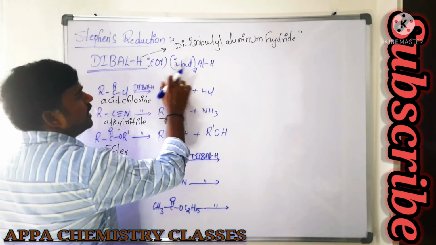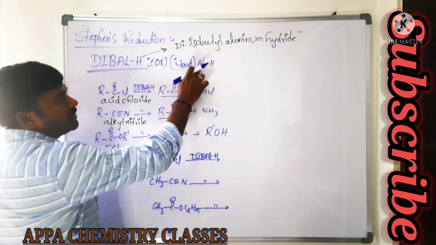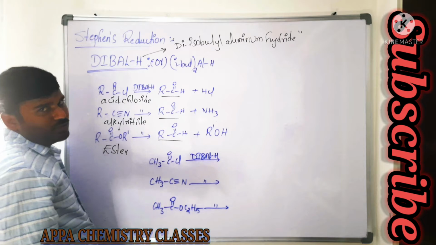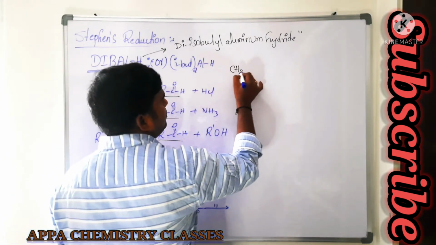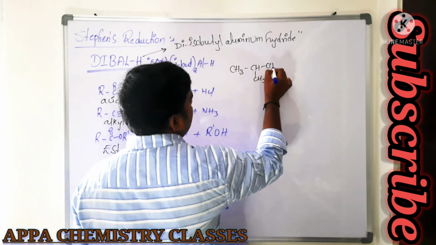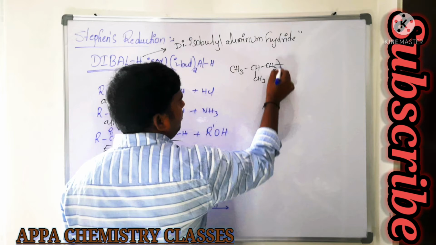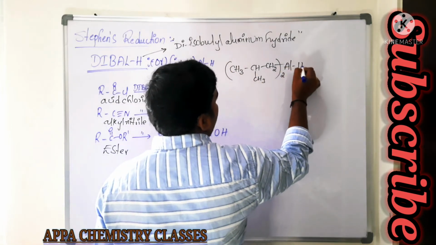In some NCERT books they will represent it with isobutyl taken 2 times and aluminium H. What is an isobutyl group? You take this isobutyl group, CH, CH3, CH2.